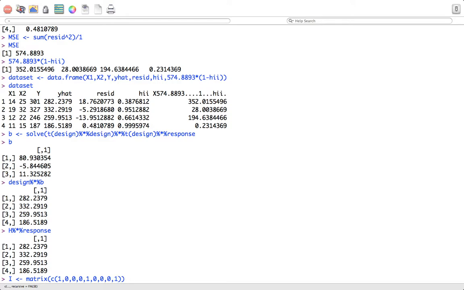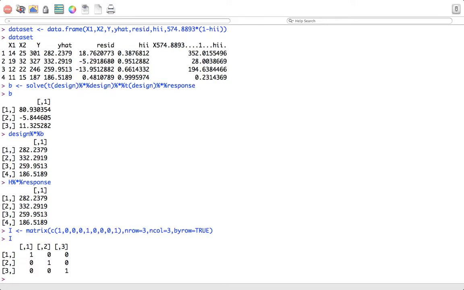That may get really ugly if I needed to create a 50 by 50 identity matrix, but you can see obviously what I'm doing there. So in row equal 3, and in column equal 3, and by row equal true. I think you've only got to put T there. So you can see that we have the identity matrix there.